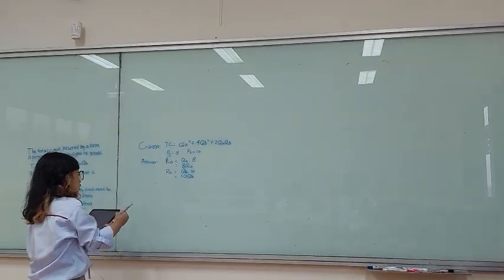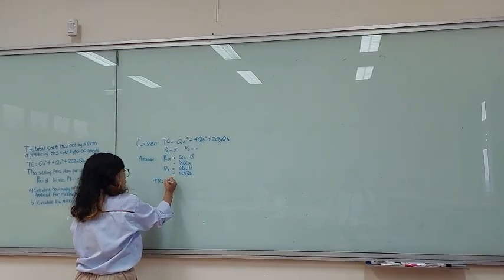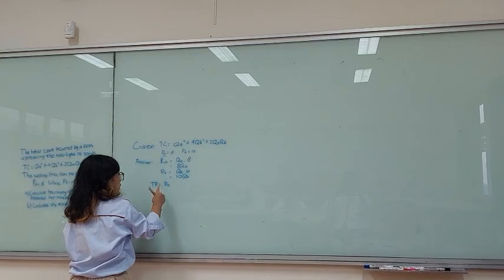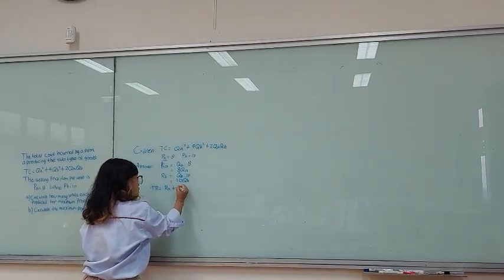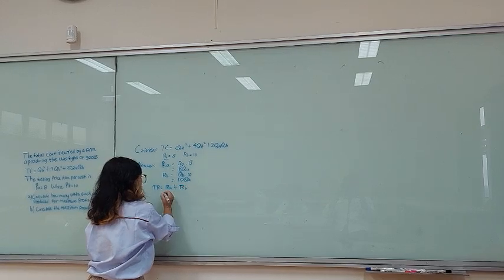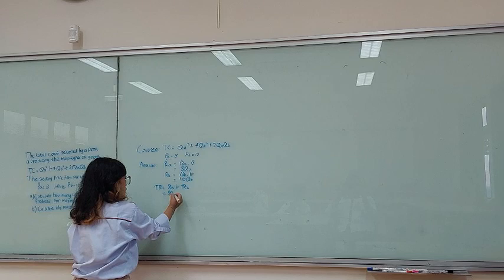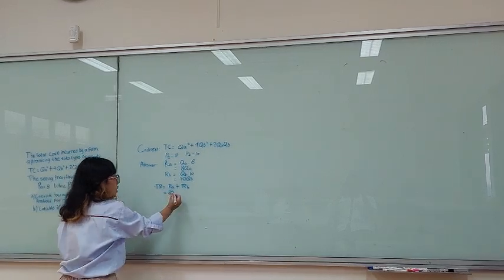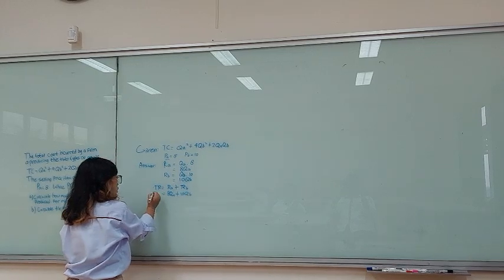And now for TR of all, TRA plus TRB, which is 8QA plus 10QB. This is the TR.